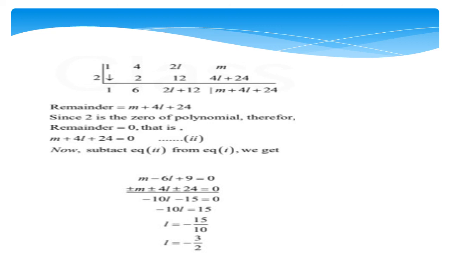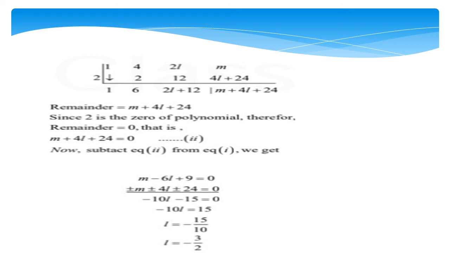Now subtract equation 2 from equation 1. We have m minus 6l plus 9 is equal to 0 as the first equation, and m plus 4l plus 24 is equal to 0 as the second equation. When subtracting, the signs change, so m is minus, 4l is minus and 24 is minus.